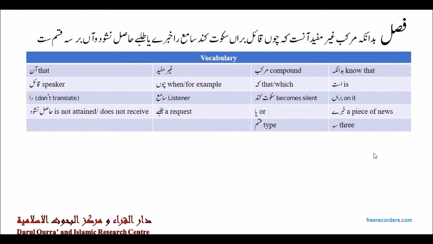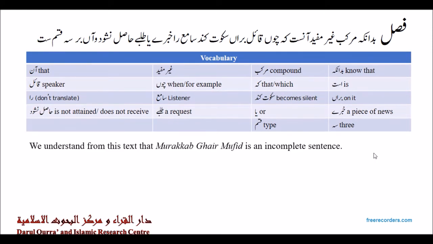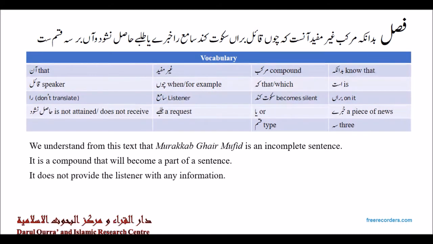So what we understand from this text is that, first of all, Murakkab Ghair Mufid is an incomplete sentence. It is a compound that will become part of a sentence. Like when I said, Zed's pen is lost. Now that's a complete sentence, and the word Zed's pen is a part of that sentence.